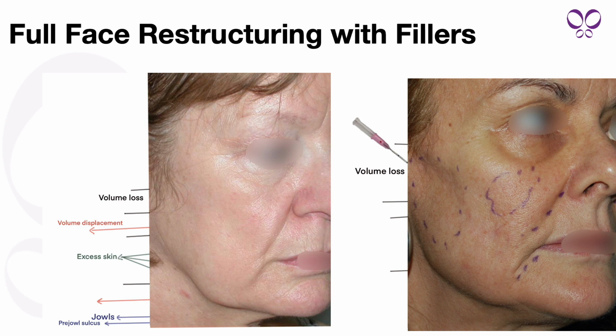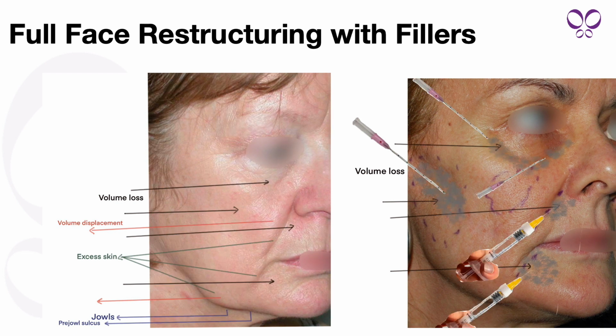The full face restructuring can also be done using fillers, but you need to understand the pathology. This is of course a middle-aged lady with loss of volume, displacement and excess skin sagging, whereas this is a slightly younger lady with more of volume loss than skin sagging. So if you carefully analyze, there is volume loss in the infraorbital region, there is volume displacement into the nasolabial fold.